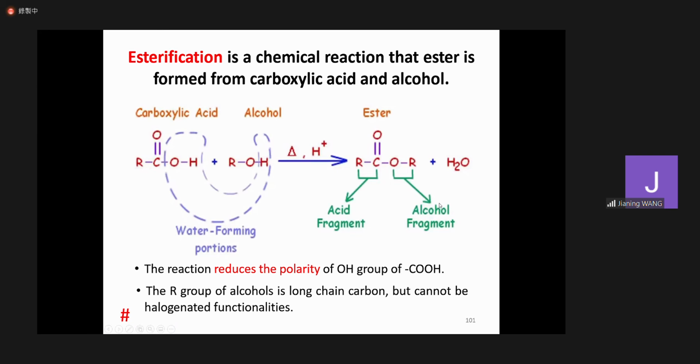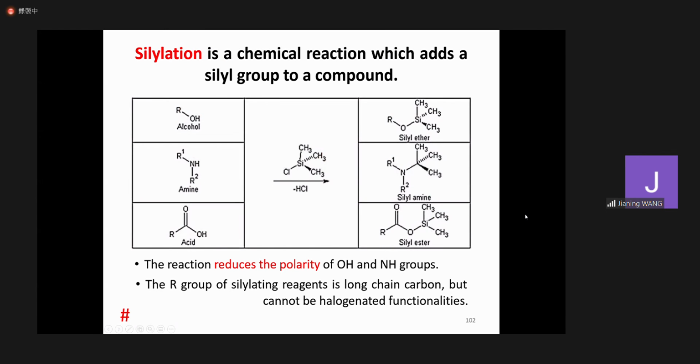This is one strategy: we reduce the polarity, and this is an example of changing a non-volatile compound to volatile. This one is also a way to reduce the polarity.